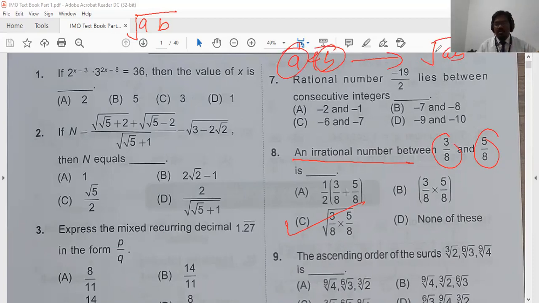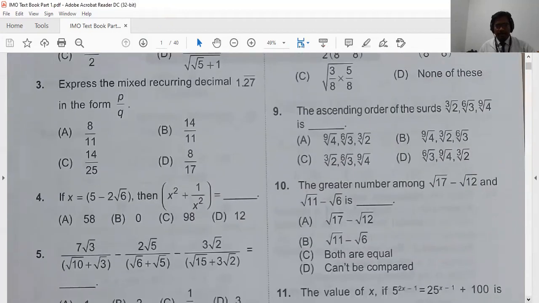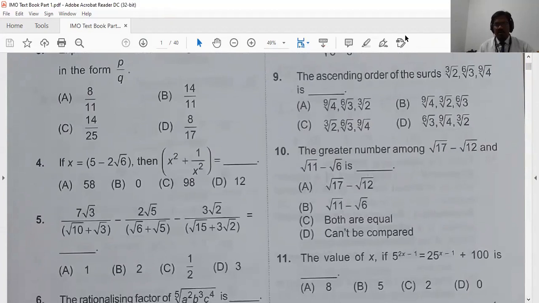Question number 9. Next question, move on to question number 9. Ascending order of the surds: cube root, 6th root, 9th root of 2, 3, 4 respectively. Ascending means smallest first. Which one is the smallest? Definitely the 9th root is the smallest.